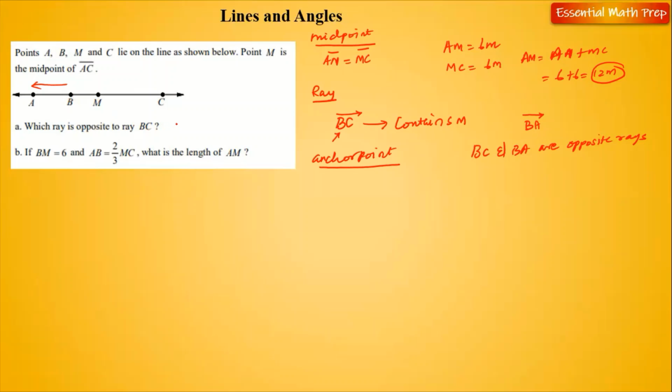So the answer is BA, right? In other words, they both have a common anchoring point. If that's not there, even if there's a common anchoring point, but if one of the rays contains elements of another ray, then they cannot be opposite, even though the arrows might appear in the opposite direction.